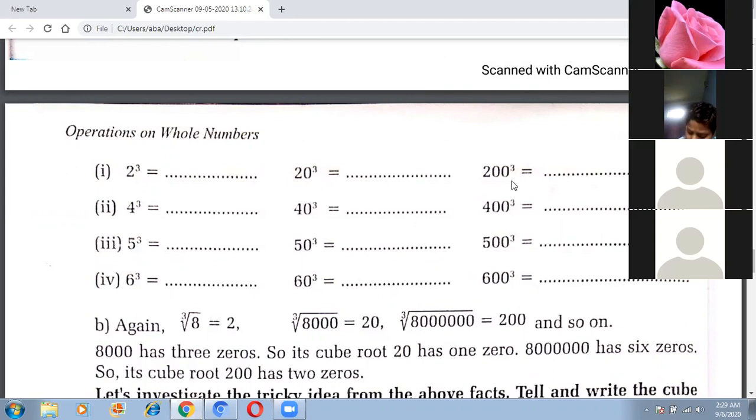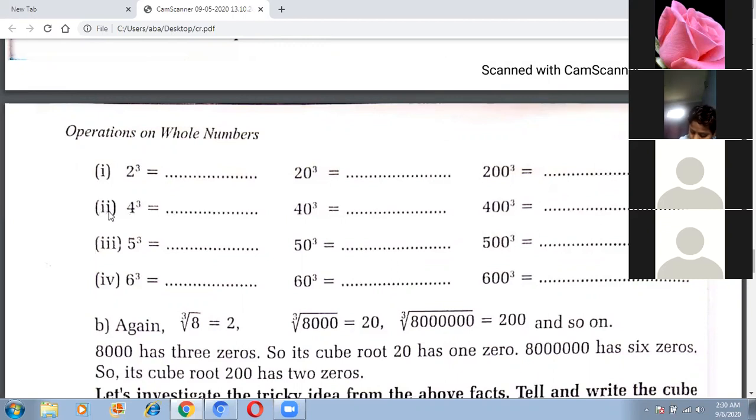Now 200 cube. In 200 there are 2 zeros. अब 200 मा दुईटा 0 भयो भने त्यसको क्यूबमा कतिवटा 0 हुनु पर्यो? 6 zeros. Yes. 2 into 2 into 2, 8. Then you write 6 zeros. Apply this technique. Technique use गरेर you have to follow this technique and tell the cube of given numbers.